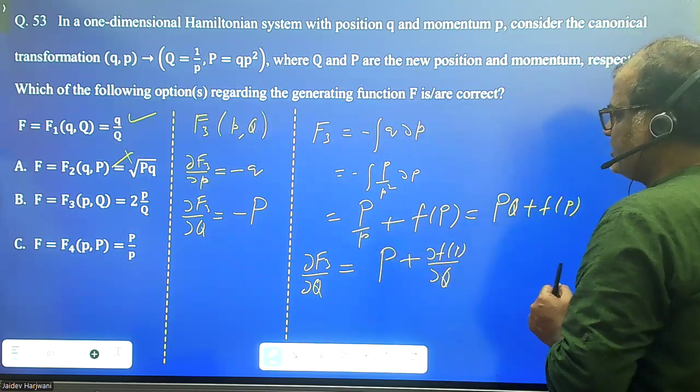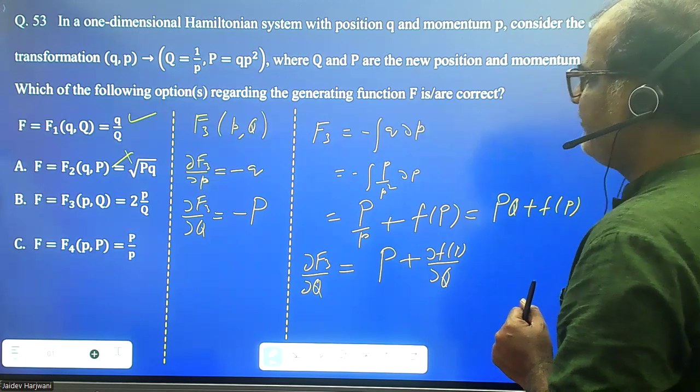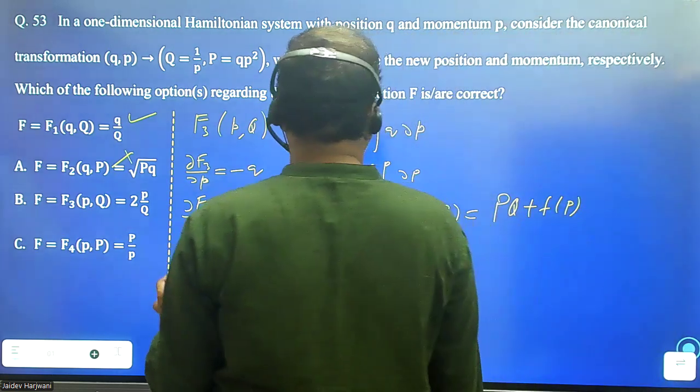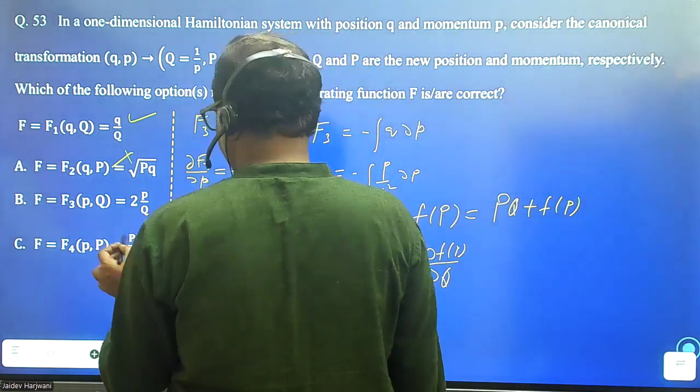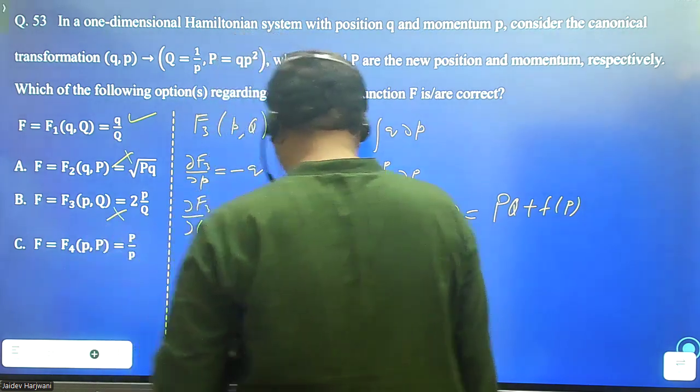So F3 also cannot be the generating function.